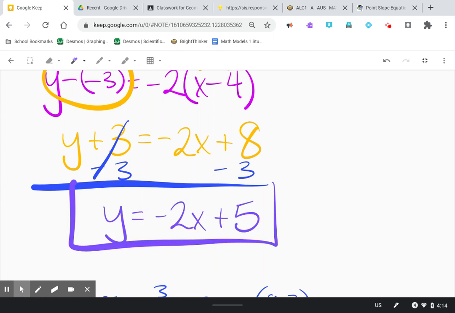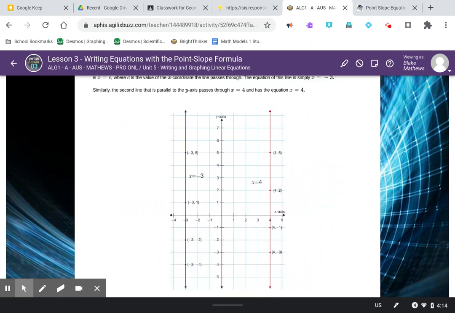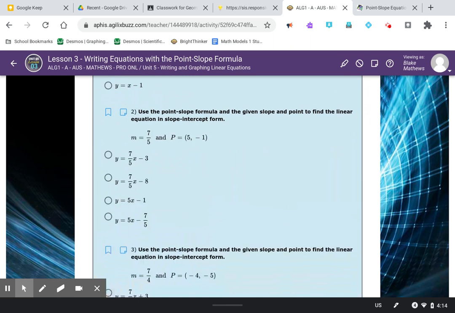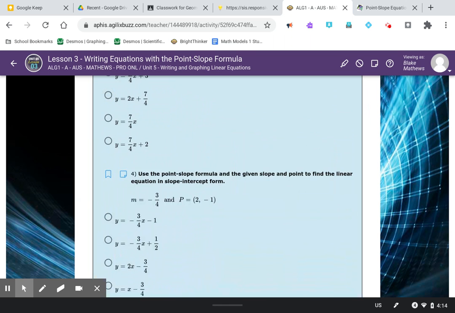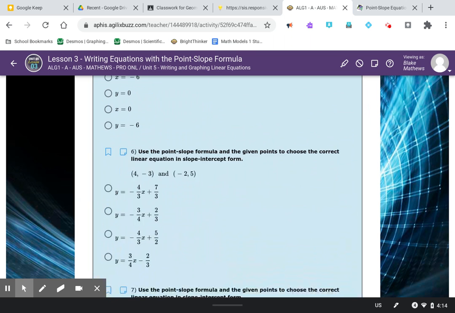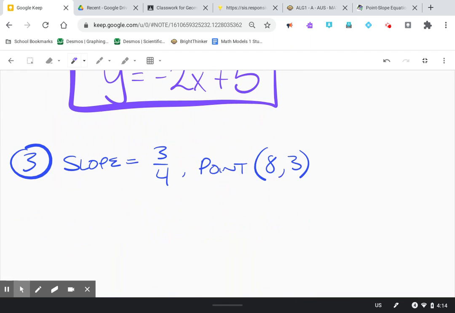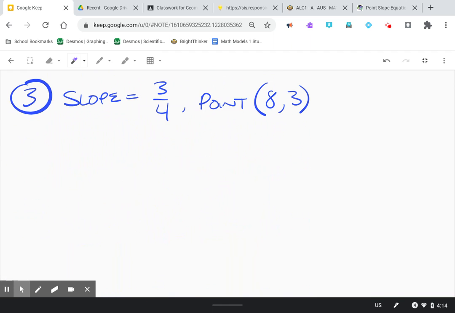So you can see that's really a lot of what you're doing here at the beginning. They're going to give you the slope and a point. That's what they do for number 2, number 3, number 4, 1 through 5 is going to be point slope. So let me do one more example with a fraction so you can see how that works out.